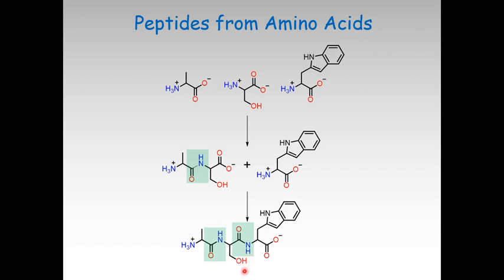What about OH, CH2OH in serine? Not ionizable, right? And what about tryptophan? This NH is also not ionizable within the pKa range. What about the carboxylate? It is ionizable, right? So it has a pKa of close to 2, between 1.9 and 2.5. So there are two ionizable groups in this peptide.